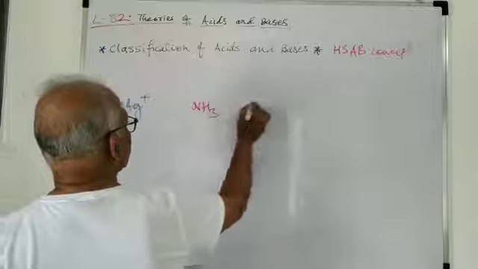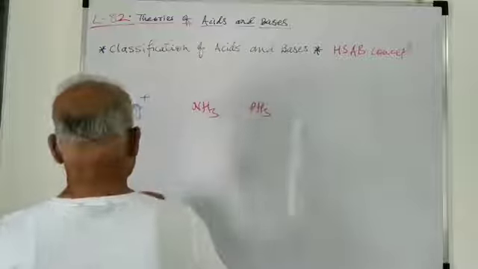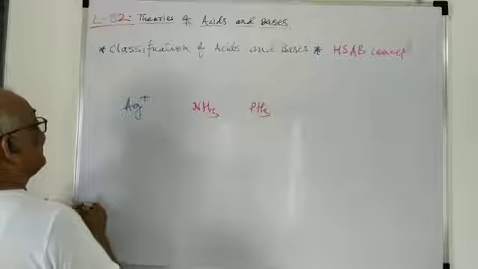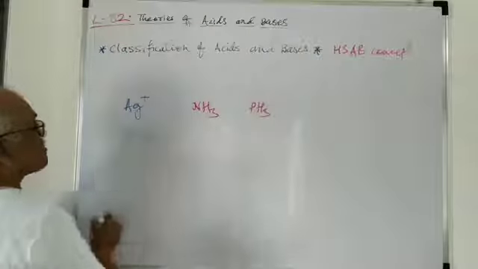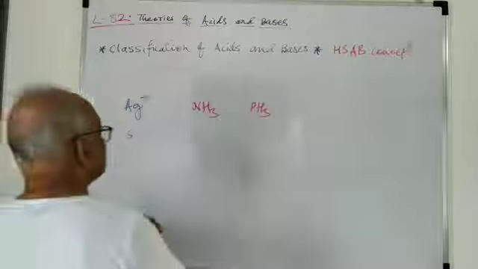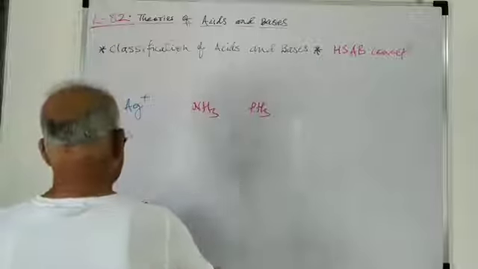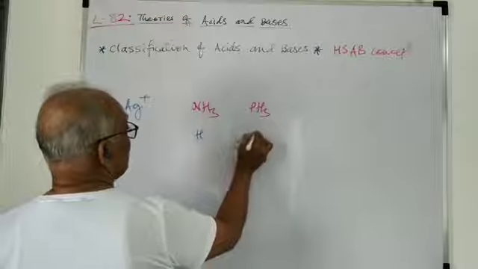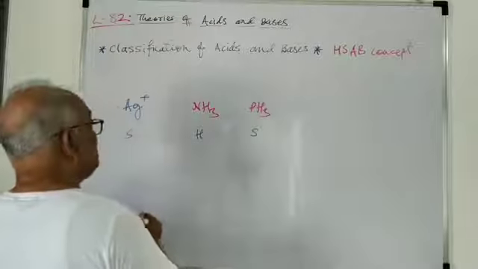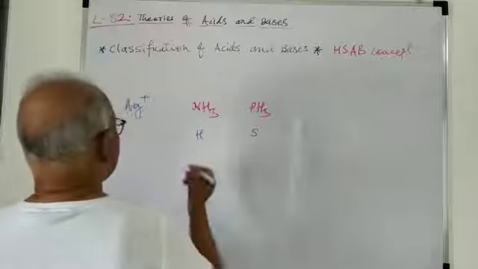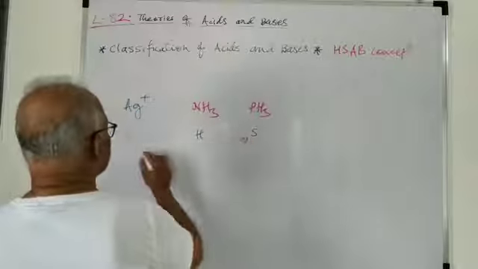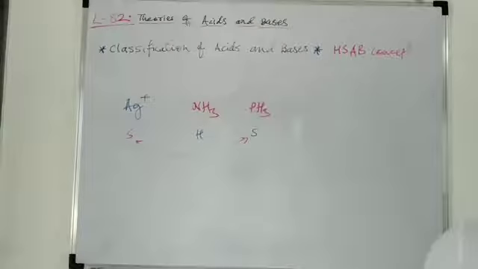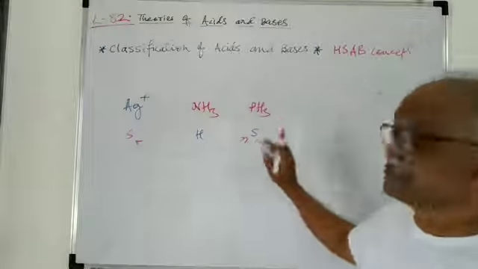Here you will find that Ag plus is a soft species, NH3 is hard and PH3 is soft. So you will find the better reaction between these two soft species. So Ag plus will prefer to form the stable compound with PH3.